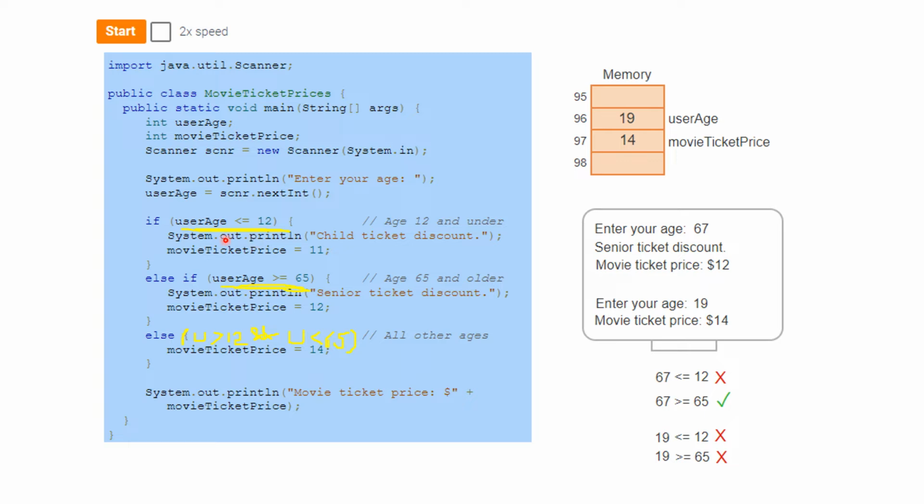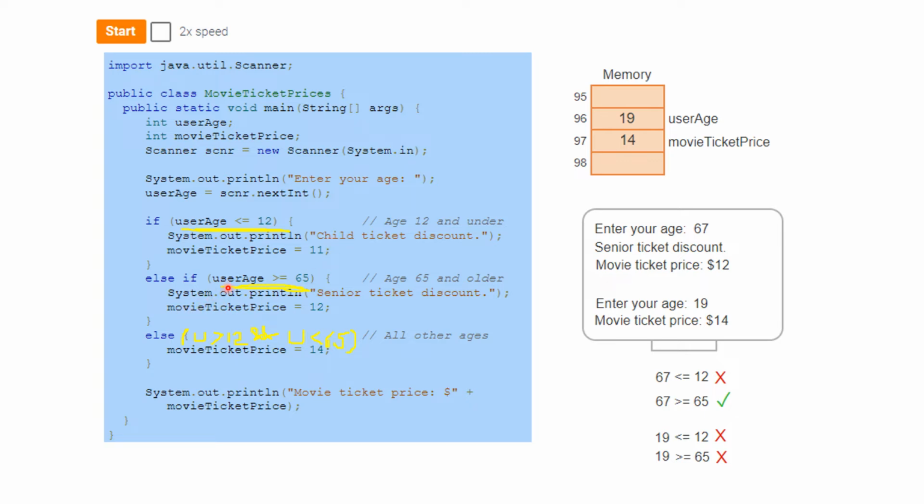Here the user is giving the input, hence we are using scanner.nextInt, and the scanner class is imported, which you'll learn later. The first condition is if user age is less than or equal to 12, that's the child ticket, and the price will be 11.